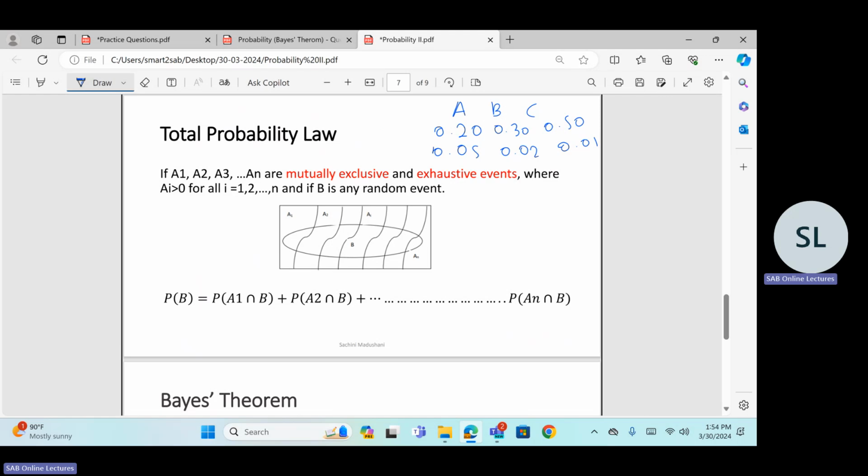There are 3 machines A, B, C. First I wrote the probability of using machine A, B, and C. Then we discuss the probability of getting a defective item through machine A, machine B, and machine C. What is the common event here? The output may be defective. Using machine A, B, or C, we can get the defective item.